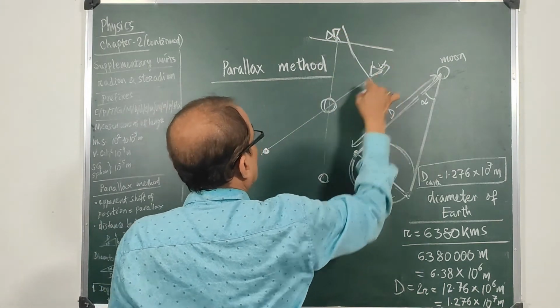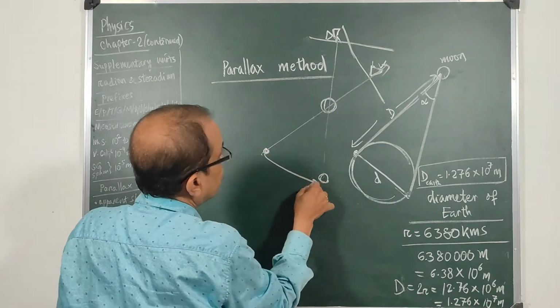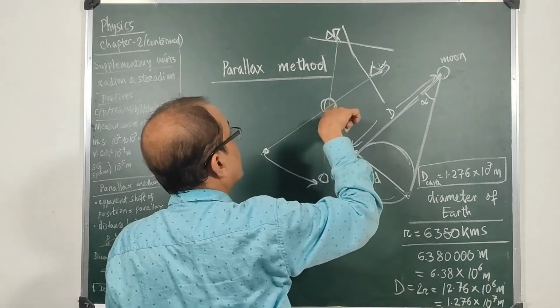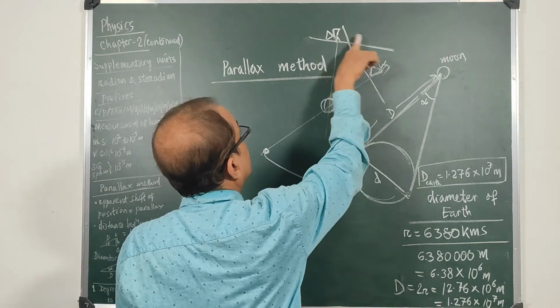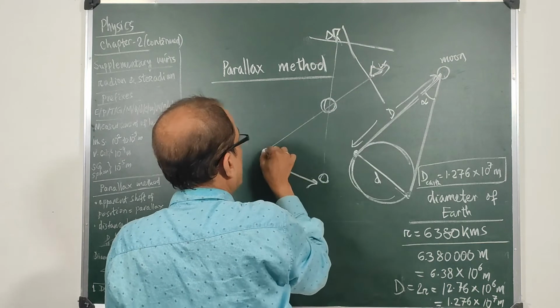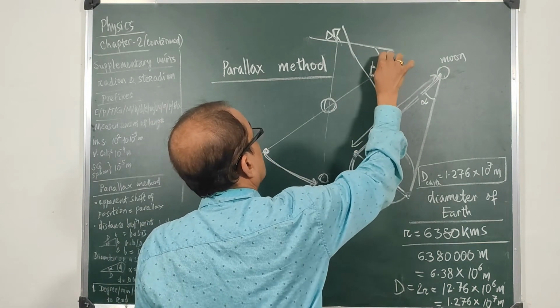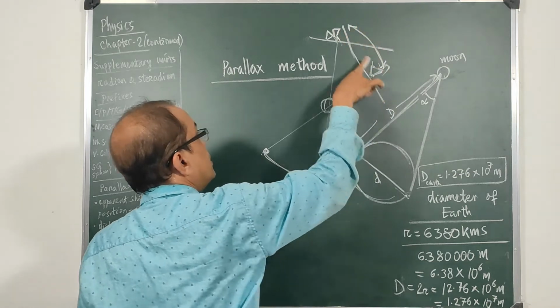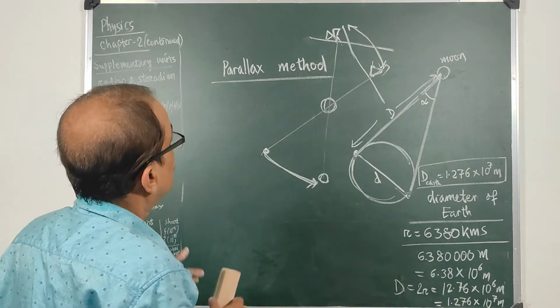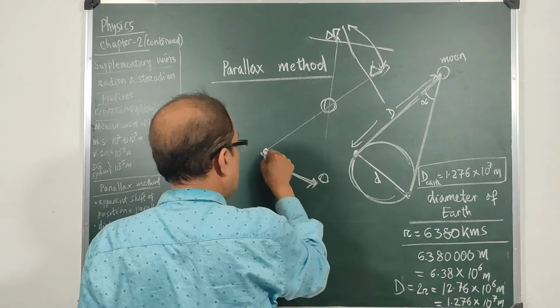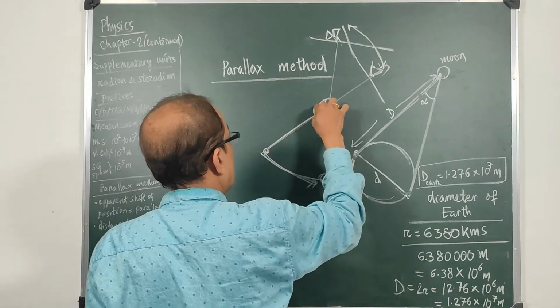So when I shift my position, the background or the surrounding of this object changes from this to that. This is an apparent shift.